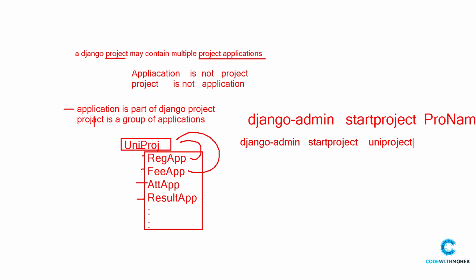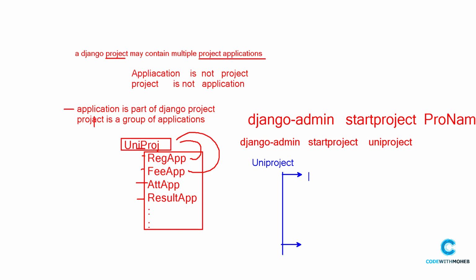Now, how the structure will be created will be like this. You will see that we will have a uni project, and inside uni project we will have these two parts.